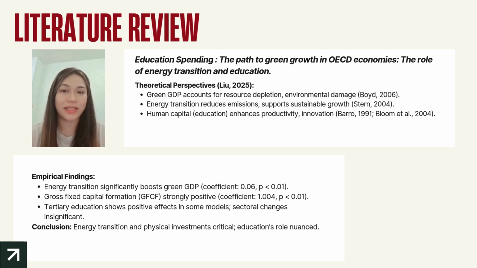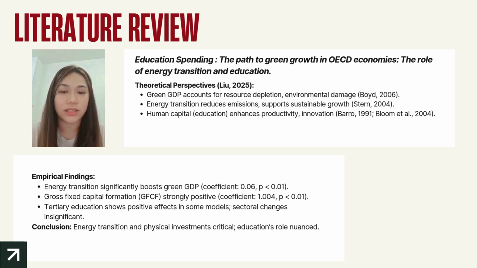For education spending, the author explores education's role in green GDP for OECD countries. The theory ties human capital, education, and skills to productivity and sustainable growth. Energy transition and physical investments like infrastructure strongly boost green GDP with significant coefficients.